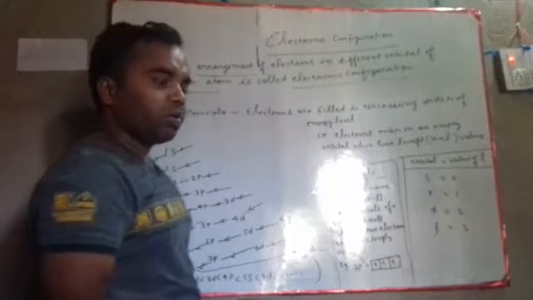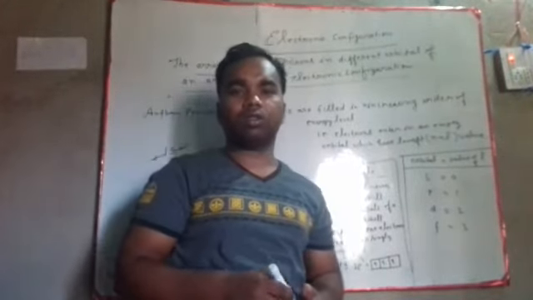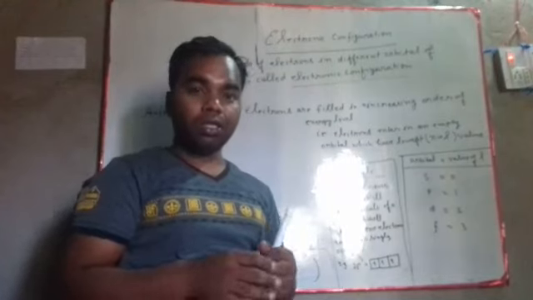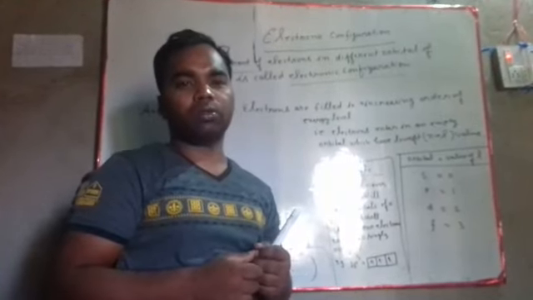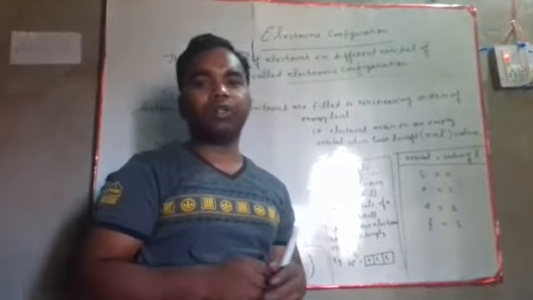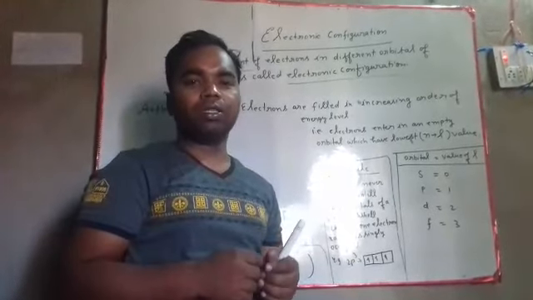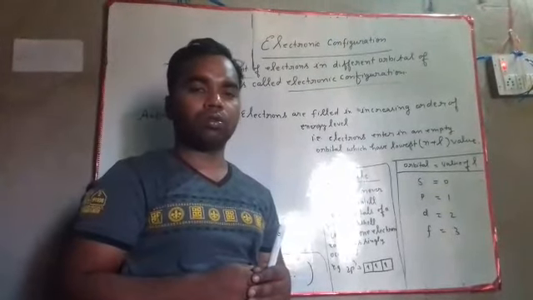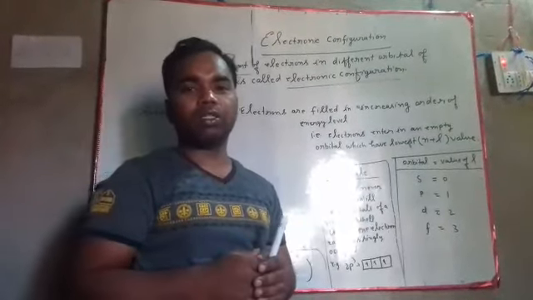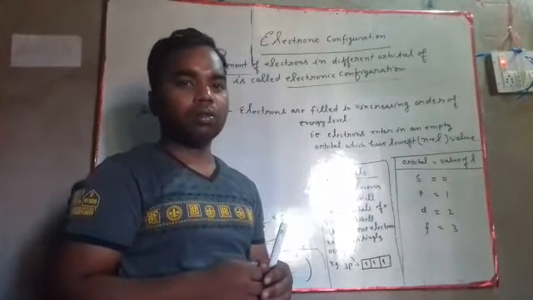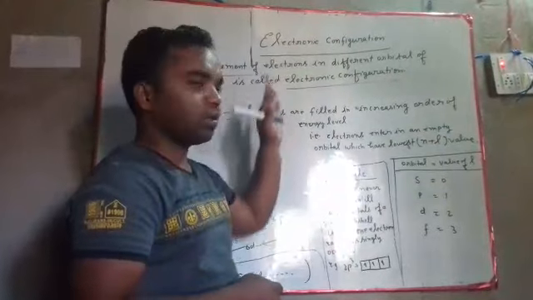That means we have to arrange the electrons of an atom in its different orbitals, or you may also call it different orbits. In different orbits there is a different number of electrons. So how can we arrange this? We can understand by the concept of electronic configuration.